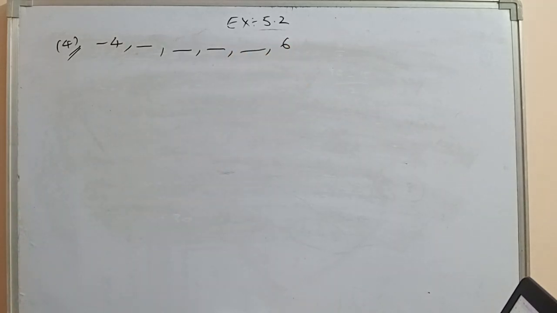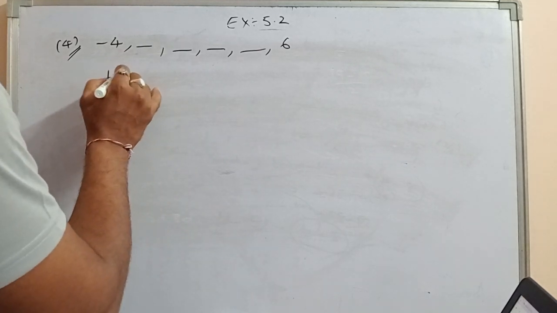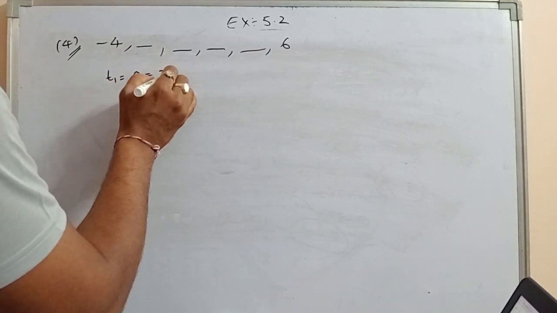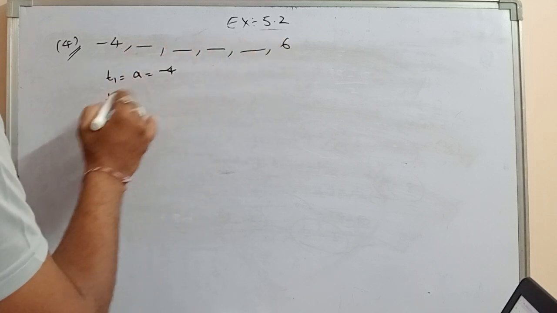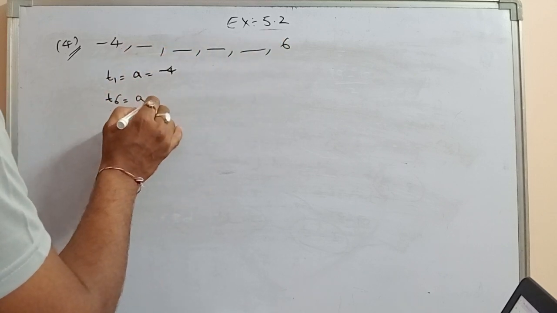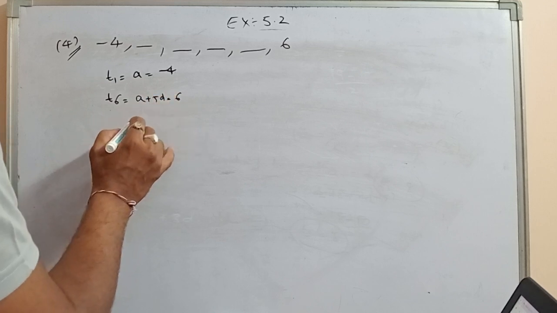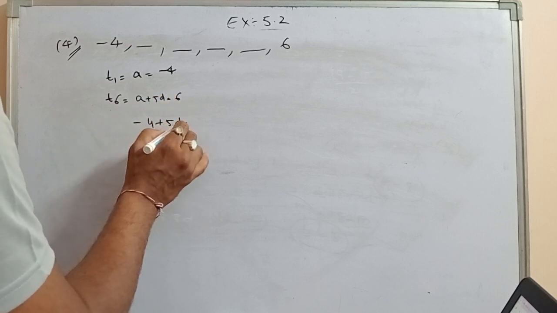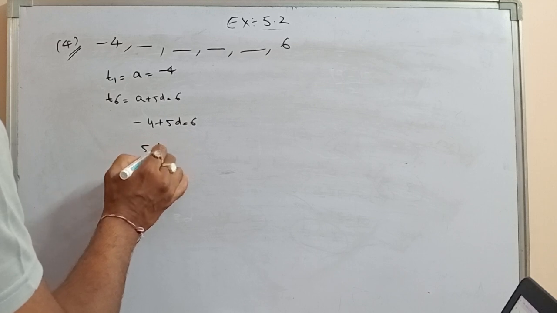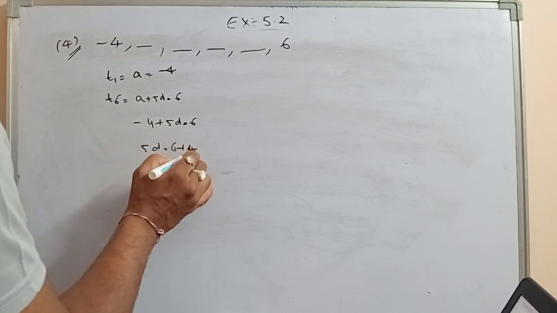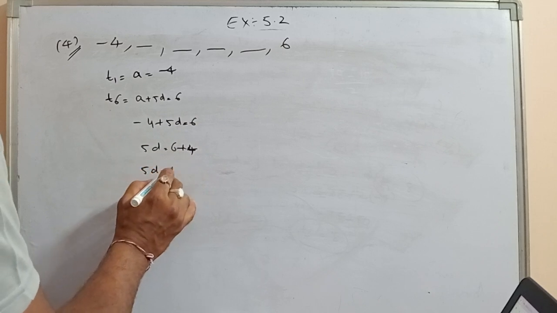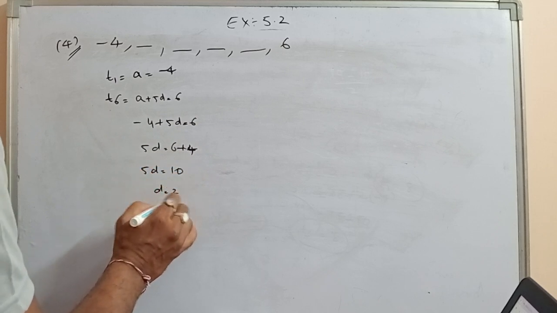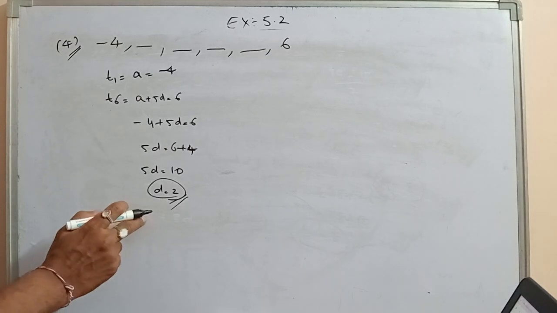So here we know that T1 is equal to a is equal to minus 4, then T2, T3, T4, T5, T6. T6 is equal to a plus 5d is equal to 6. So minus 4 plus 5d is equal to 6. So 5d will be 6 plus 4. Minus 4 goes to the other side, becoming plus. 5d is equal to 10. So the value of d will be 2, right?